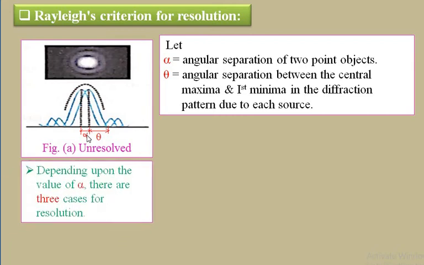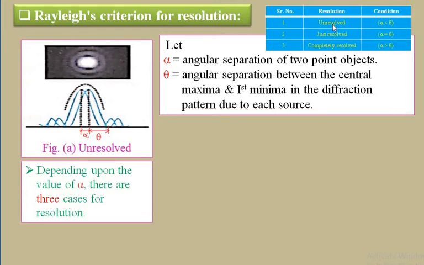Depending on alpha, there are three cases for resolution. First case is unresolved. The diagram shown here is the case of the unresolved condition. Here alpha is less than theta. Observe the diagram, the value of alpha is less than theta.